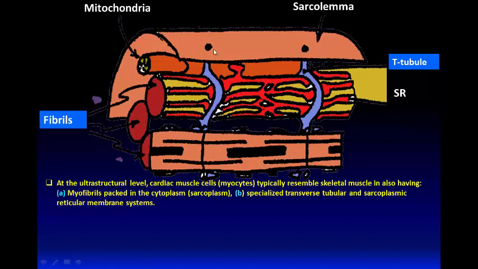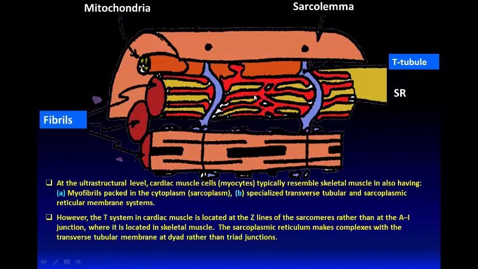Also, we have specialized transverse tubular and sarcoplasmic reticular systems. We have the T-tubules and the membranes of the sarcoplasmic reticulum. However, the T-tubular system in the cardiac muscle cells is located at the Z lines of the sarcomeres rather than at the A-I junctions in the sarcomeres of the skeletal muscle fibers.